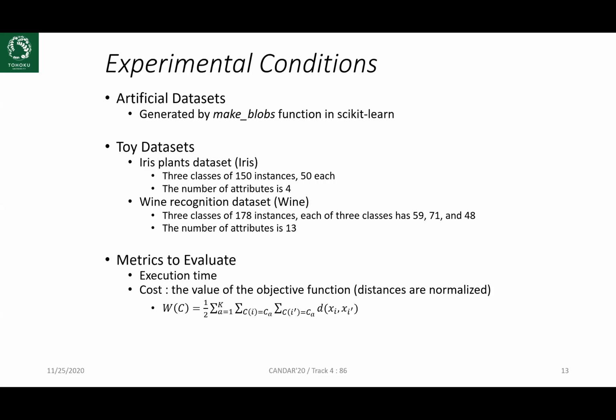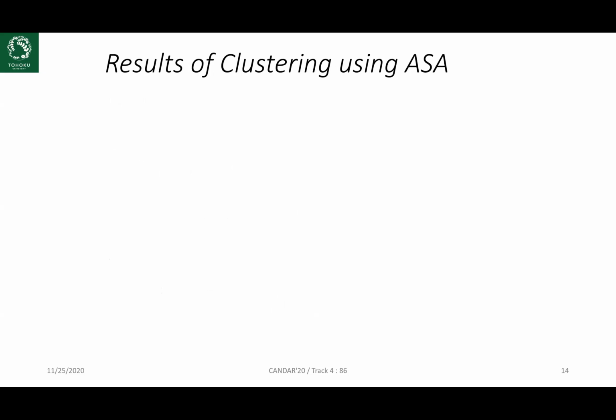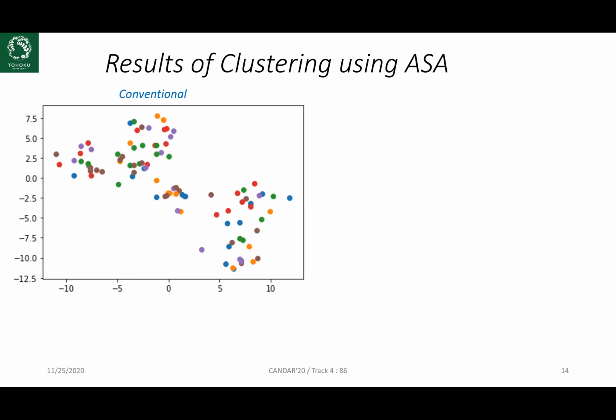The quality of a clustering result is evaluated with the execution time and cost as a value of an exact objective function. We visualize the clustering result of combinatorial clustering. The number of data points is 100 and the number of clusters is 6.